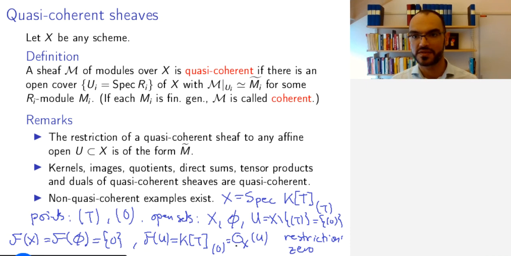So if it were quasi-coherent, it would have to come from a non-zero module. At the same time, F of X is trivial. So if this were quasi-coherent, then the global section would have to be our non-trivial module. And this is a contradiction, so not all sheaves are quasi-coherent sheaves.